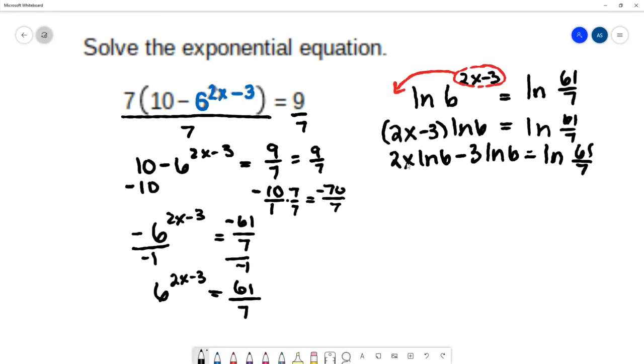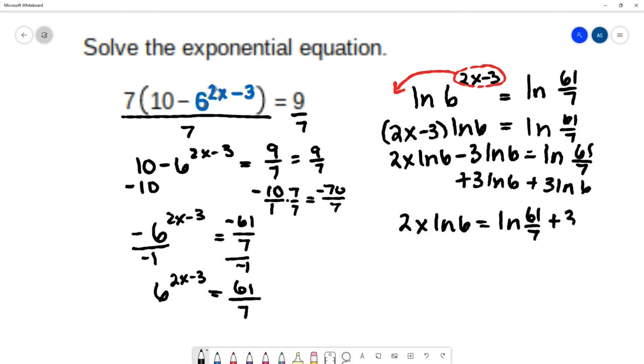I'm still working to isolate that x. So I'm going to add 3 natural log of 6 on both sides. And that gives 2x natural log of 6 equals natural log of 61 over 7 plus 3 natural log of 6.